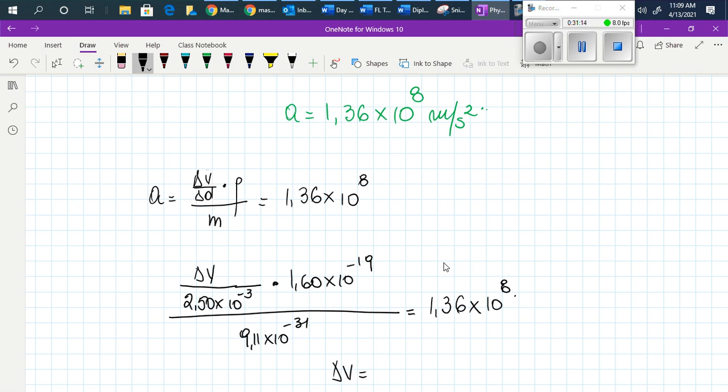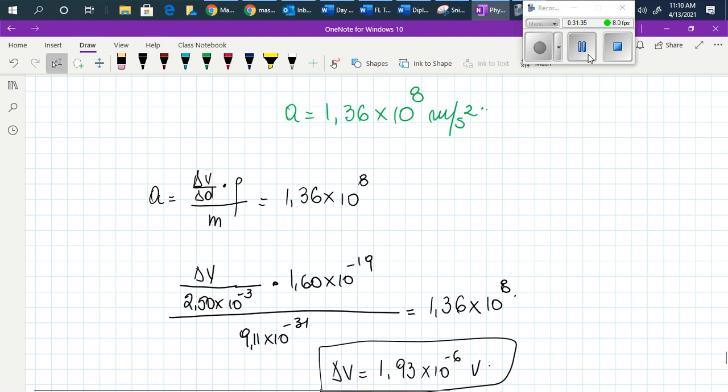So delta V will be equal to whatever the calculator is giving you. I have 1.93 times 10 to the power of -6 volts. Check your calculations and let me know if you have the same answer or not.